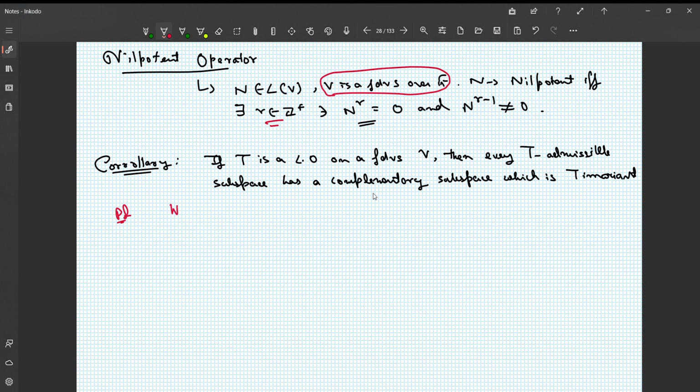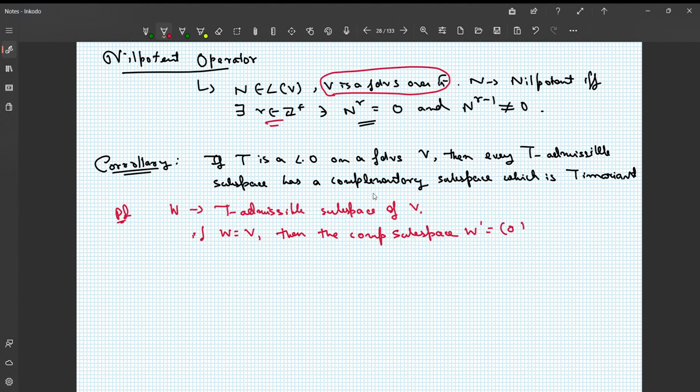Suppose W is a T admissible subspace of V. If W is equal to V, then the complementary subspace W dash is simply the zero subspace.